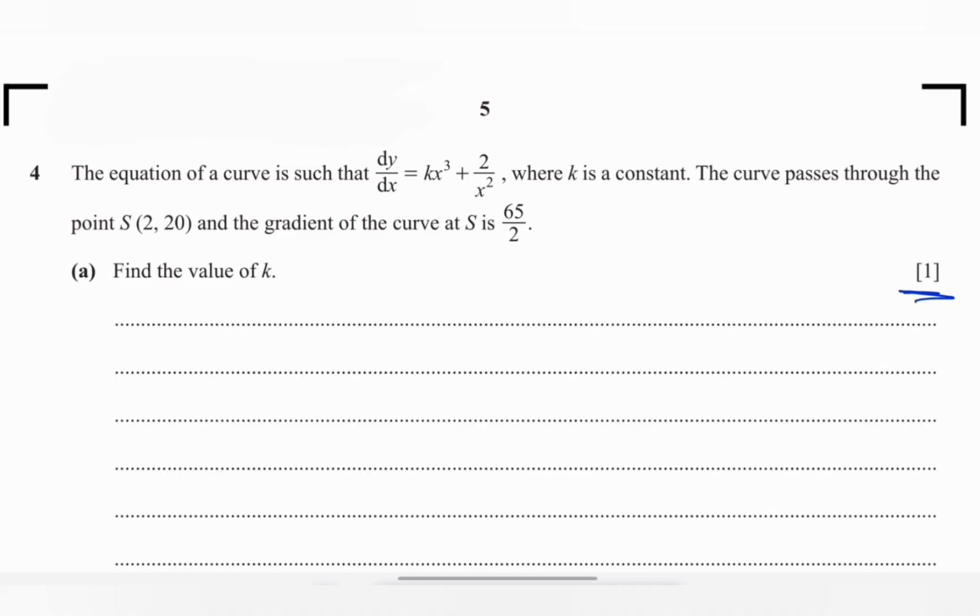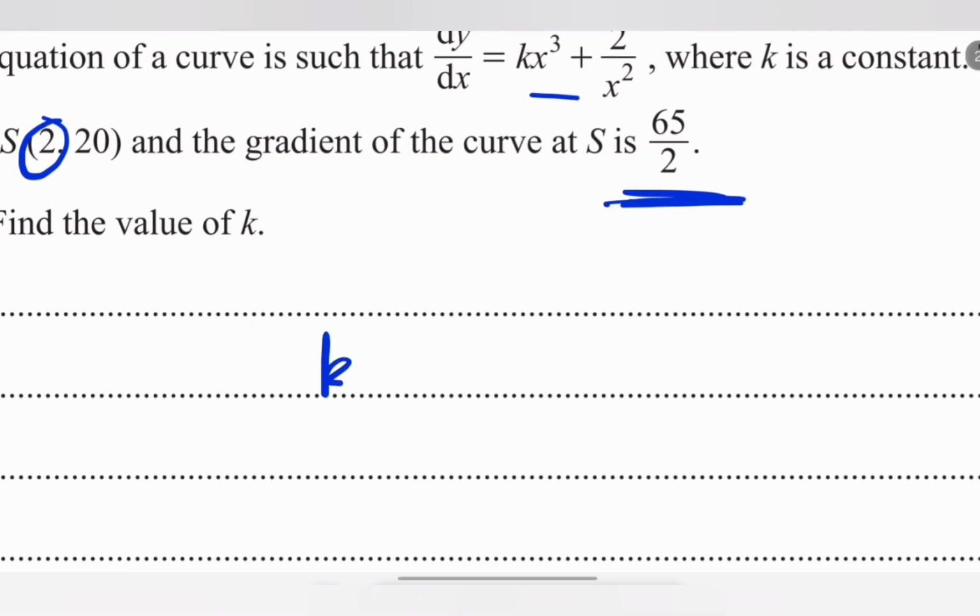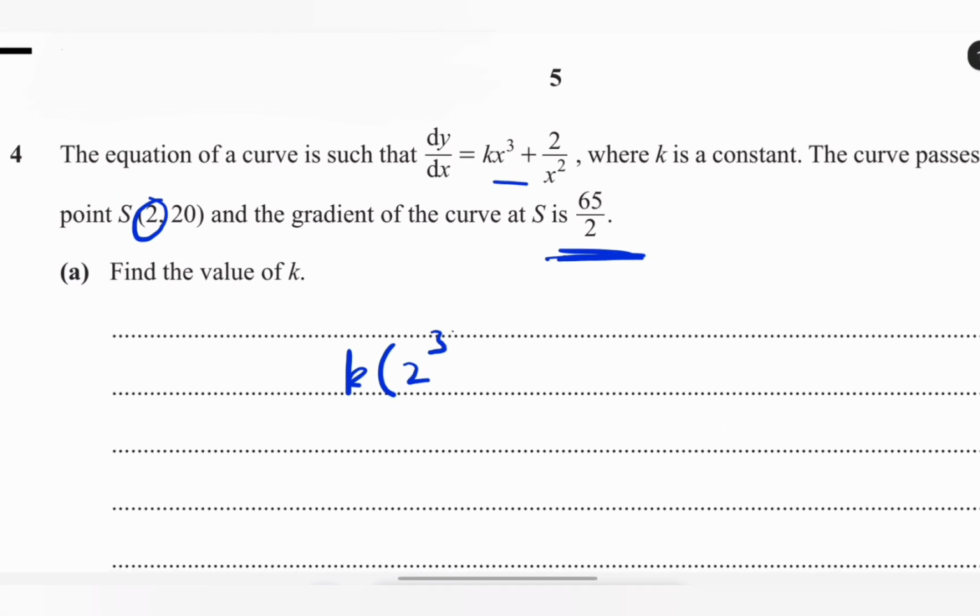And since we're told that the gradient at S is this, we're going to substitute the x with 2, which is the x coordinate for S, and that will be k times 2 to the power 3 plus 2 over 2 squared, which is 4, and we're told this is equal to 65/2.